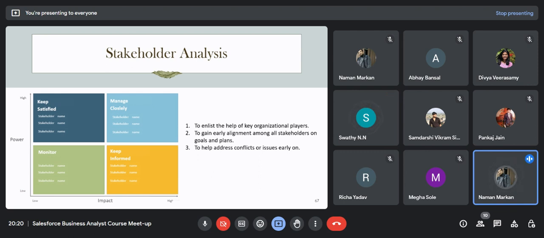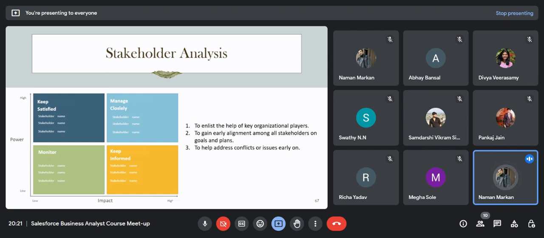Because you are categorizing them on the basis of maybe their values, or their executive levels, anything, right? So it helps you determine how to involve, who to involve, and who to communicate with in each and every stage of your process.